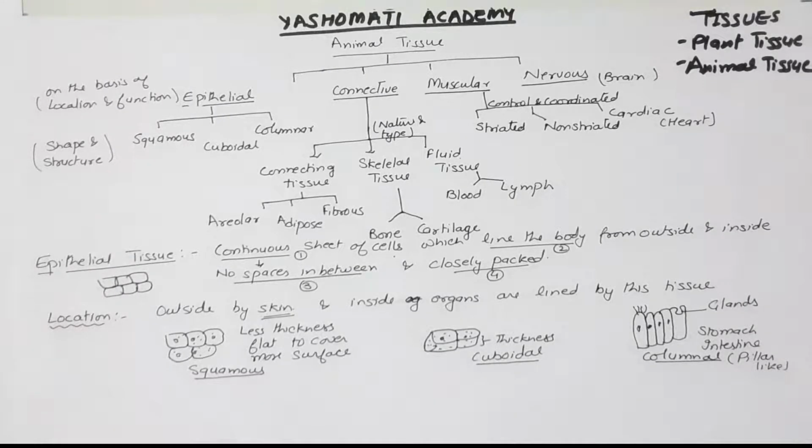So these are differentiated cells which are performing some specific function. If you are asked that where these tissues are present, then there may be slight variation in the location where you will find these tissues. Then next part, we are going to study about different types of connective tissue.